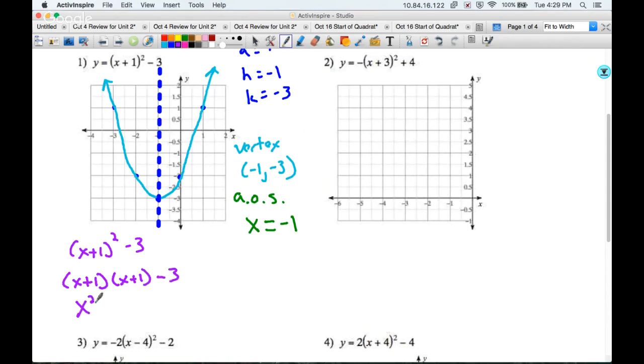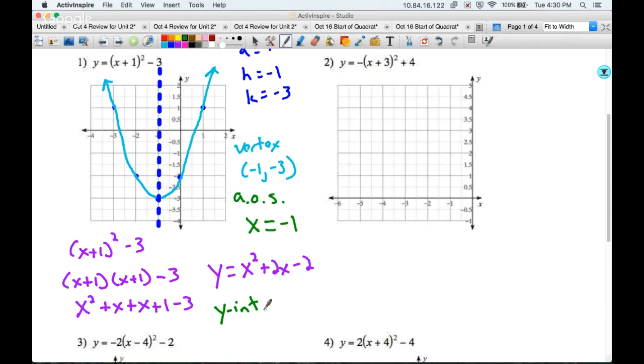That gives me an x squared plus x plus 1 minus 3 for a final standard form of y equals x squared plus 2x minus 2. All right, and that would mean the y-intercept is -2, which we can clearly see there, also at the end of this equation.